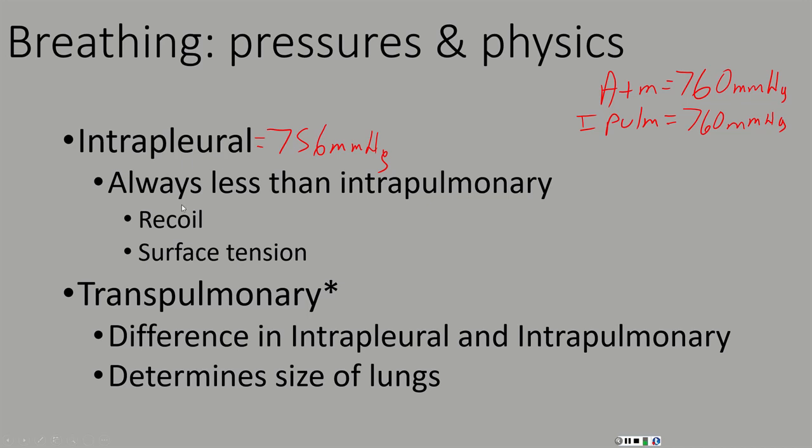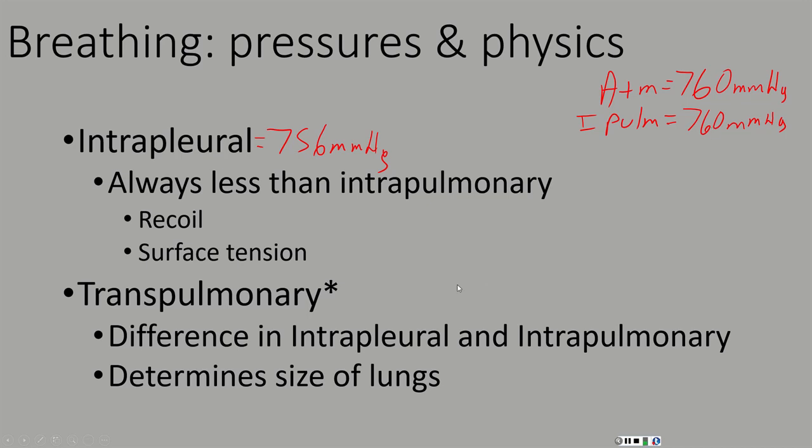Now, the transpulmonary pressure isn't so much a pressure itself, it is a difference in the intrapleural and the intrapulmonary. And we find the transpulmonary pressure by taking intrapleural and subtracting intrapulmonary.